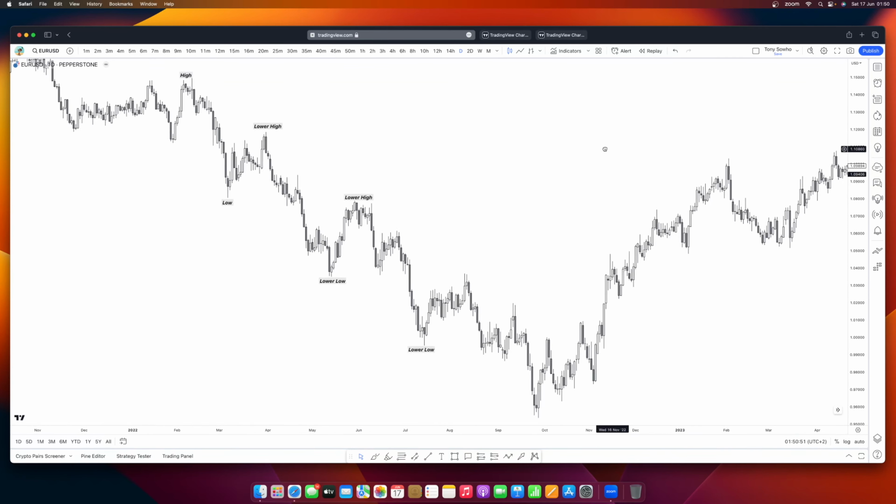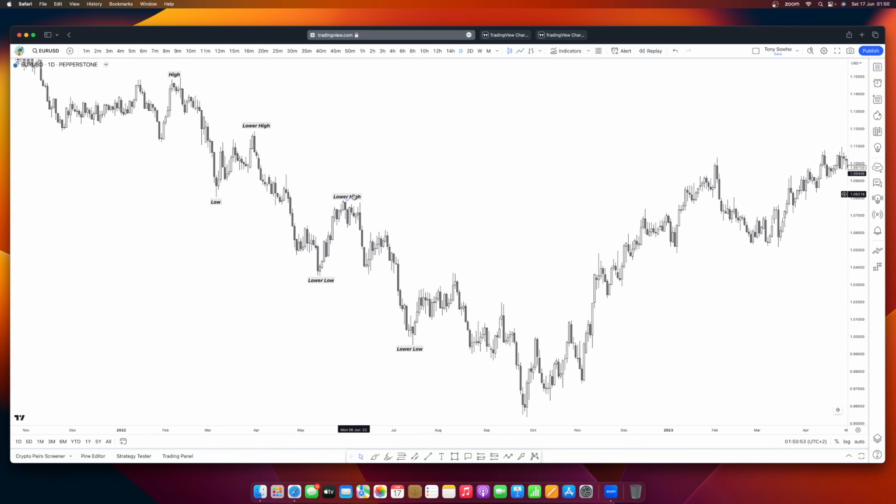Then we have this as the lower high, then we have this as the lower low. You see now this is a downtrending market. And then we have this as the lower high, and we have this as the lower low.